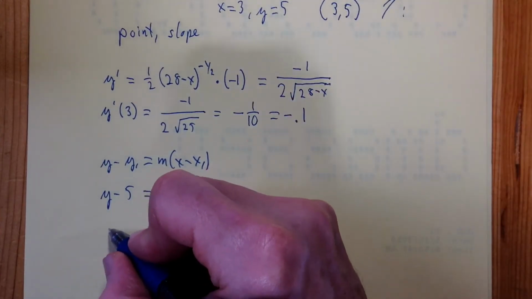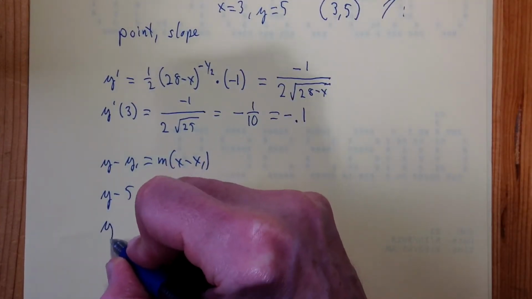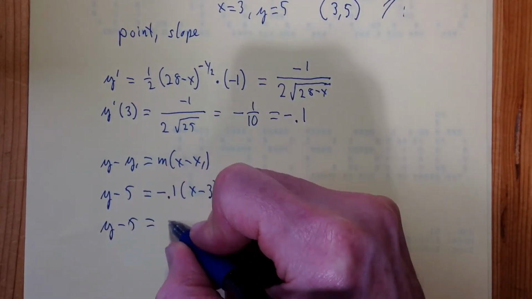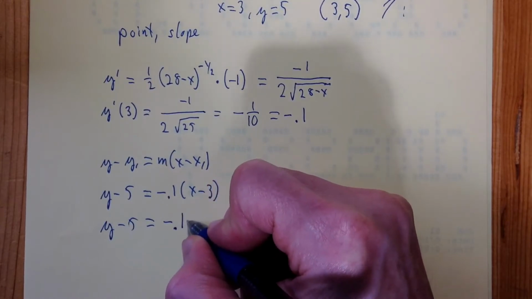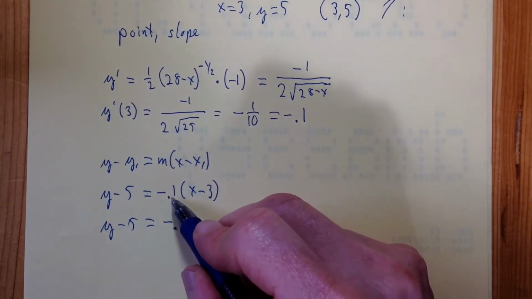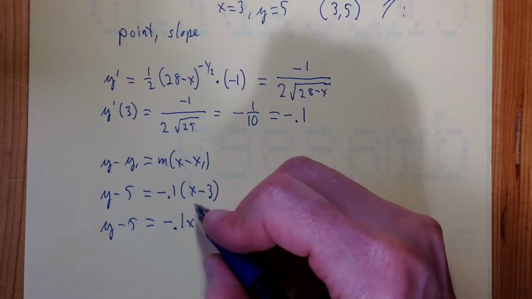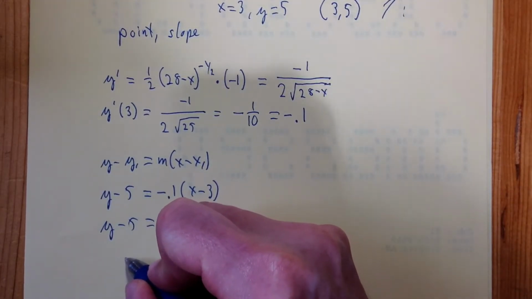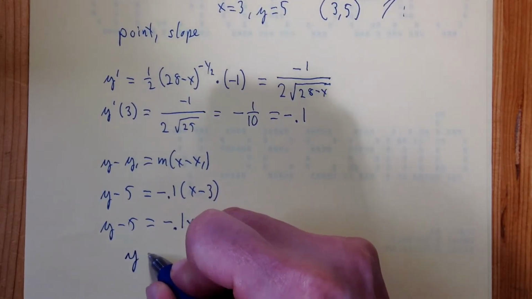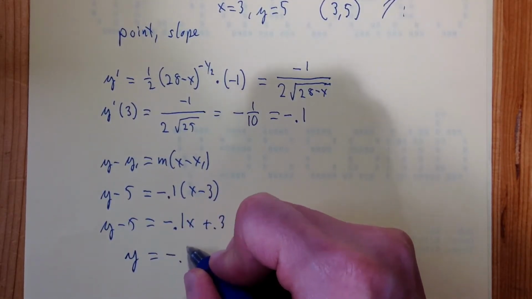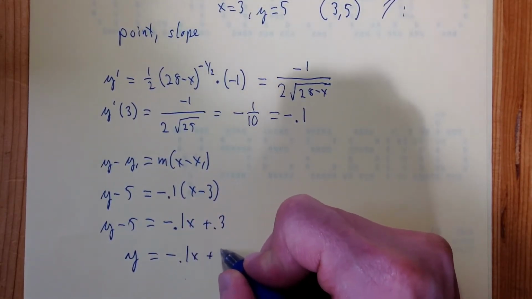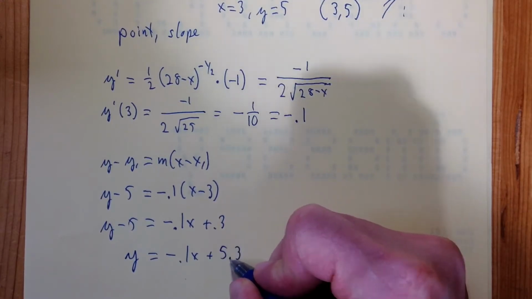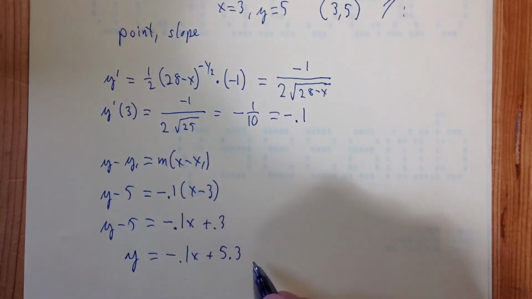So y minus 5 is equal to negative 0.1x. That's negative times negative, 0.1 times 3, so plus 0.3. Add 5 to both sides, and finally we get y is equal to negative 0.1x plus 5.3. That is the formula for our line around x equals 3.